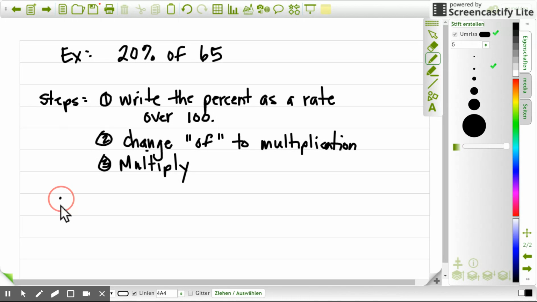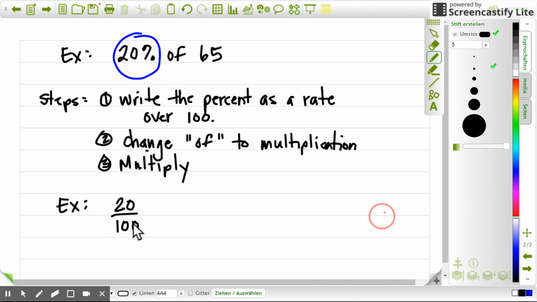Okay, so for an example, we'll show you how this works. 20% of 65, I'm going to actually write that. If I'm following my steps, I'm going to write the percent as a rate over 100. What's the percent? The percent is 20%. It's that number with the percent sign. So I'm going to write that as 20 over 100.